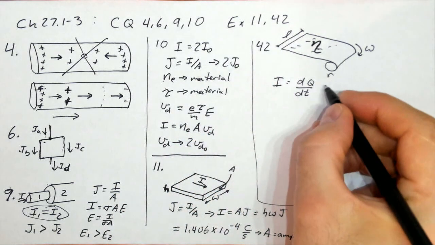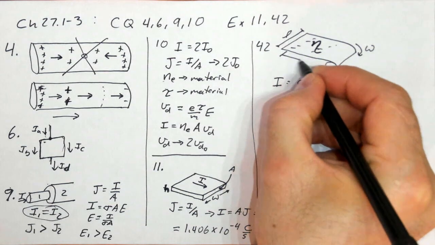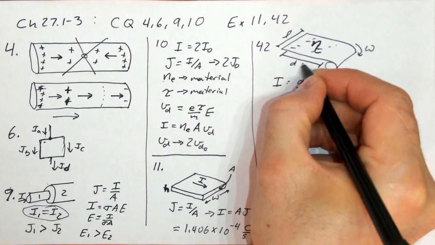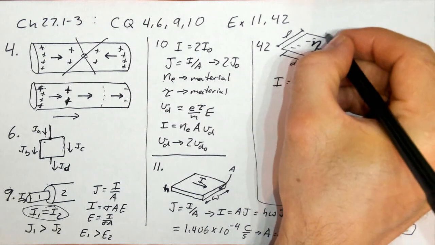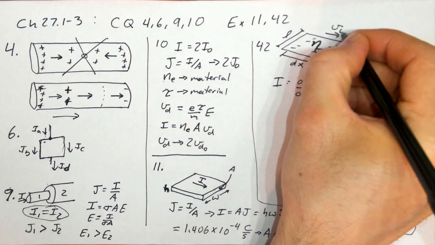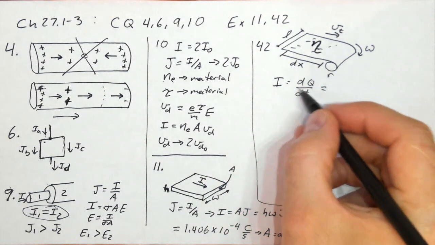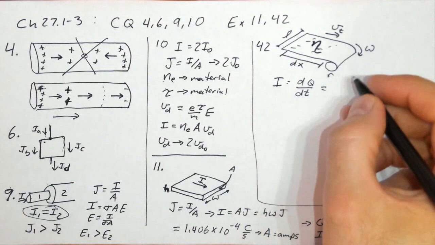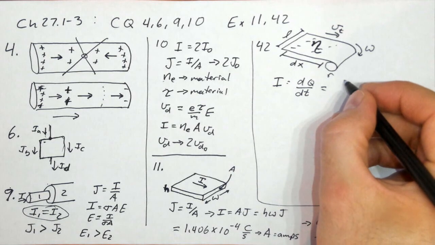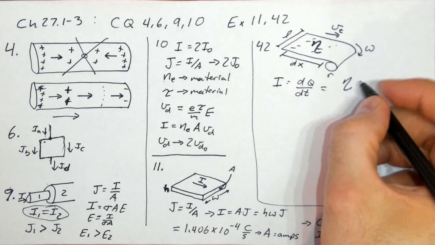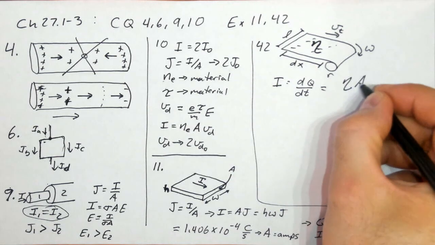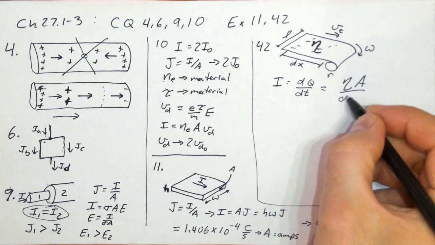Well, first of all, if we choose a length here, call that dx, and this is moving at a linear speed v_t, then I could find out how much charge is moving in time by saying the amount of charge is this eta times the area over dt.